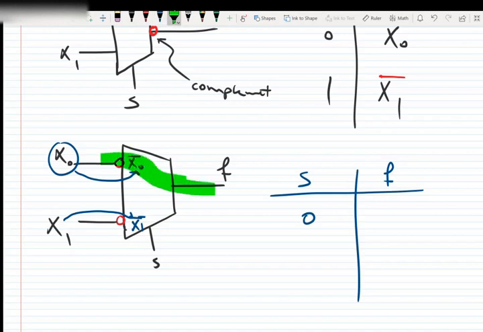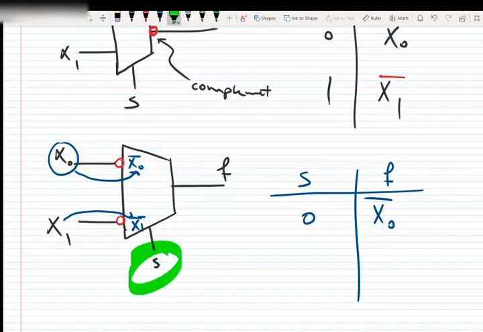Now if we draw the characteristic table, we see that if S is 0, x0 bar will move to the output. So we will have x0 bar. If S is 1, as we see, x1 bar will move to the output.